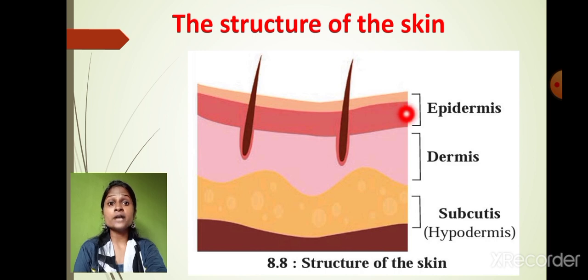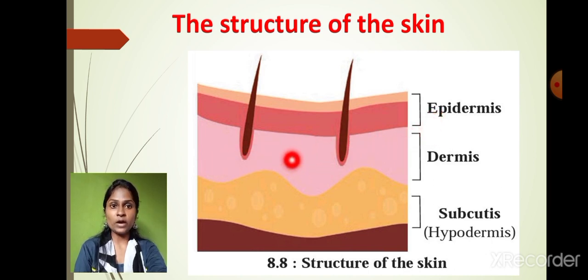There are basically three layers which make up the skin. The outer layer, it is called what? Epidermis. The outer part of our skin we call epidermis. Below the epidermis, can you see this region over here?